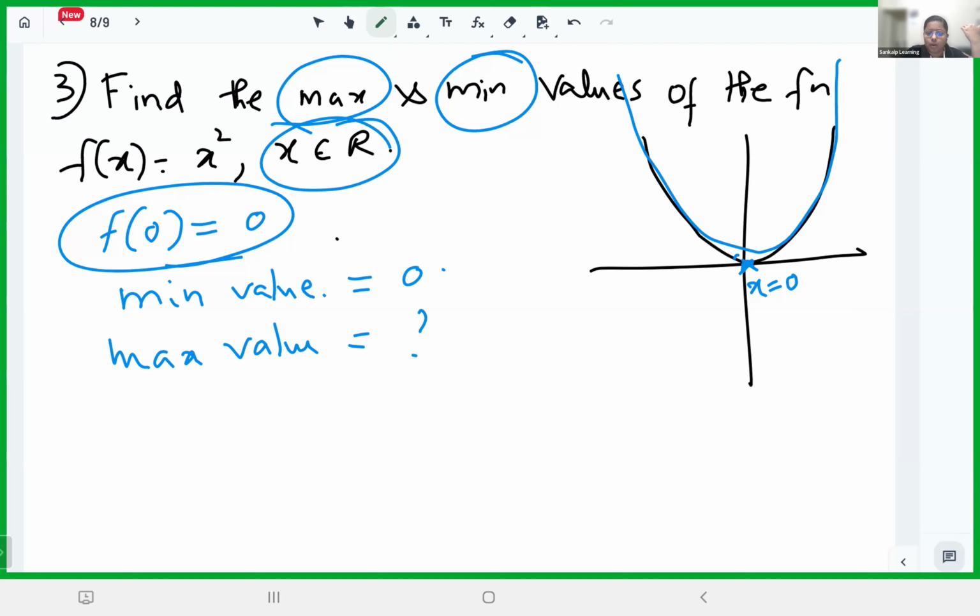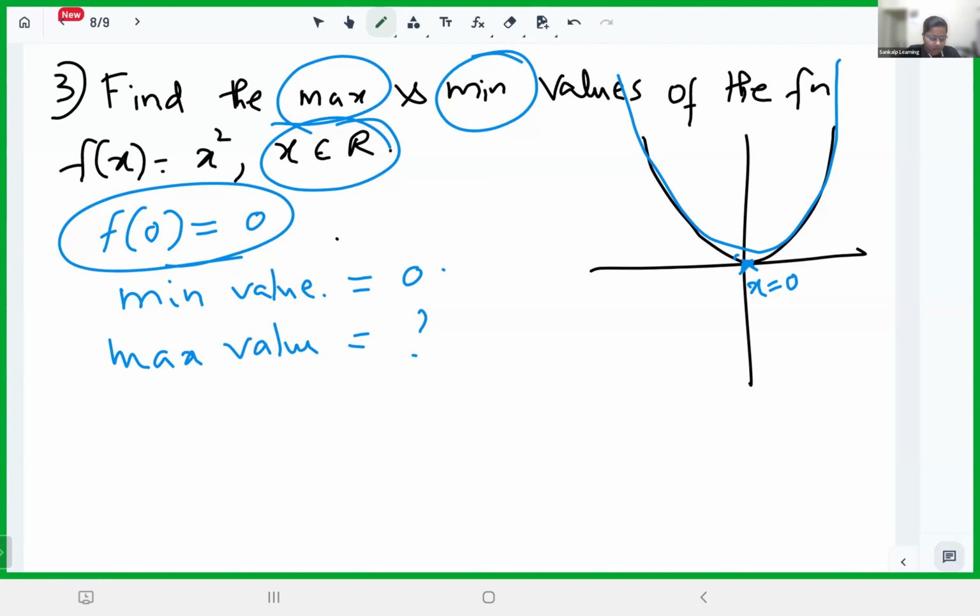It is going up to infinity, which means, does this function have a maximum value? Is the function stopping somewhere? No, right? If you restrict the domain into smaller intervals, then we can find the maximum value, isn't it? But this one is going up to infinity, so we cannot say any maximum value for this function. So it has no maximum value, and the minimum value is nothing but 0.